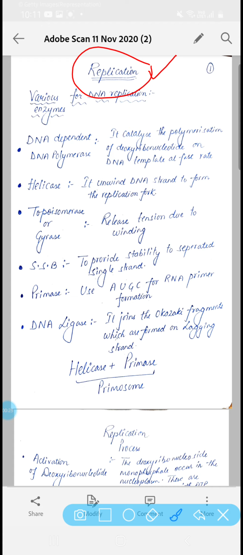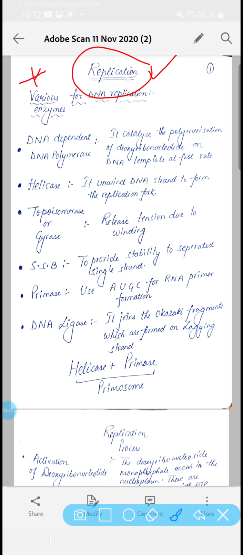We have studied the central dogma given by Francis Crick. In that model, we studied that replication is the first step of the central dogma, that is how the genetic information is traveling. So the first process is replication.